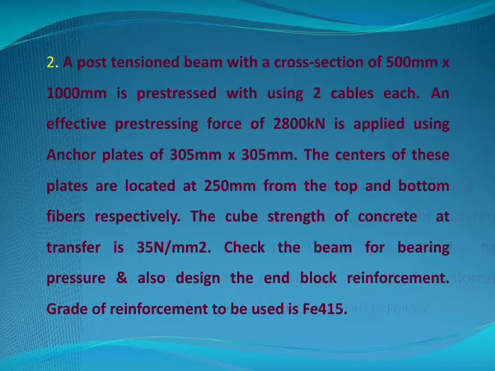The effective pre-stressing force in each cable is 2800 kN. The size of the anchor plate is also given, and the fck and fy values are also mentioned. So let's start with the solution.